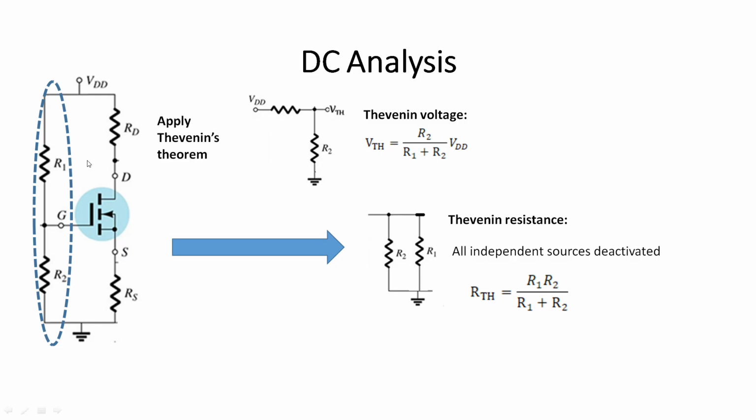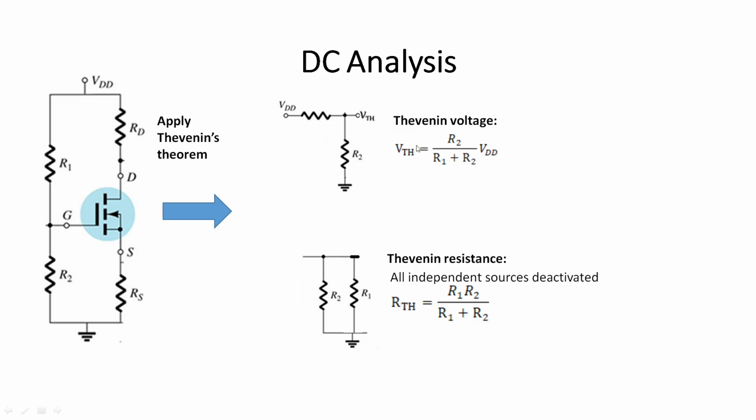To find the Thevenin's equivalent resistance, all the independent voltage sources are shorted to ground. So here VDD will be shorted to ground. Then R1, R2 become parallel to each other, so the equivalent resistance is RTH equals R1 R2 by R1 plus R2.